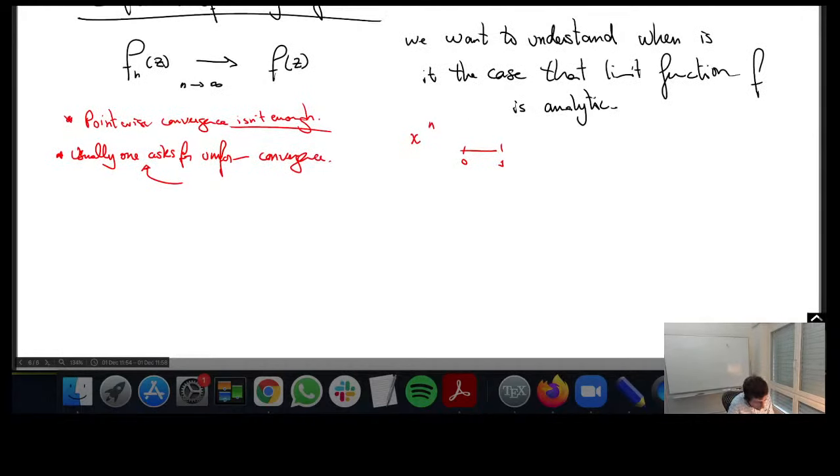But we're going to want to ask a little less. It's perfectly fine if we don't actually have uniform convergence. So what are we after here? We're after a theorem. Of course, if these functions are defined in the same domain and the sequence converges uniformly to the limit function f, then everything will be okay.